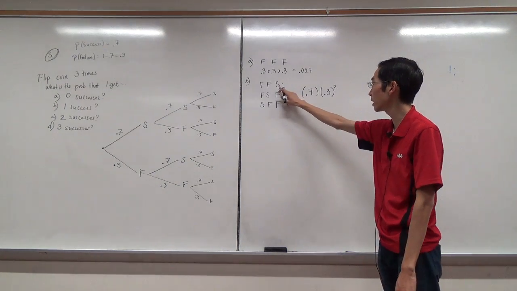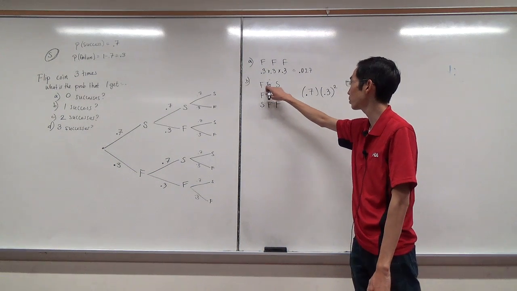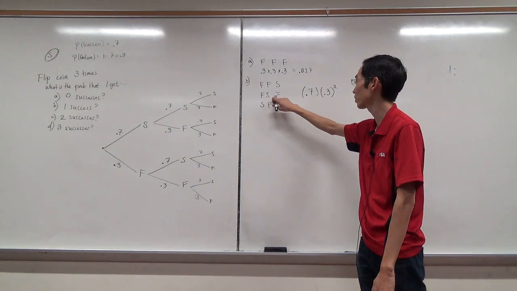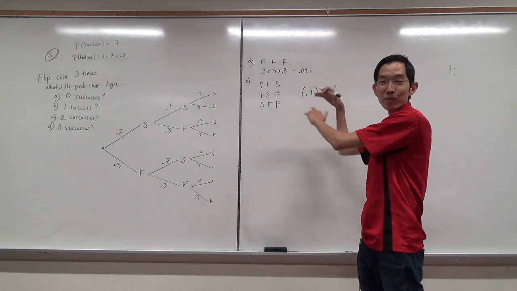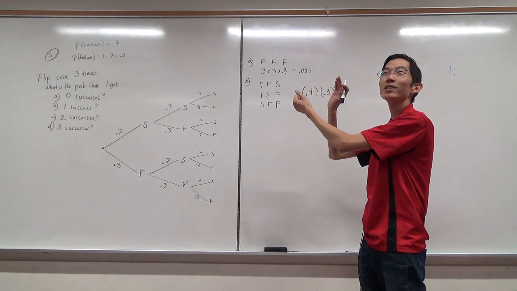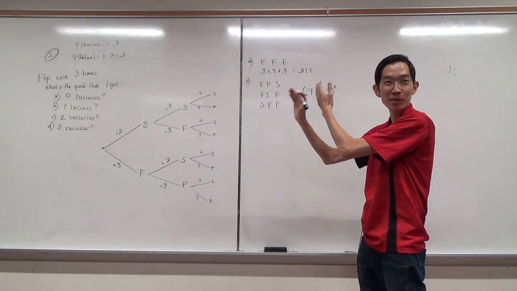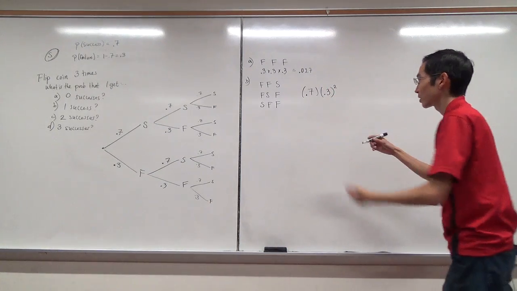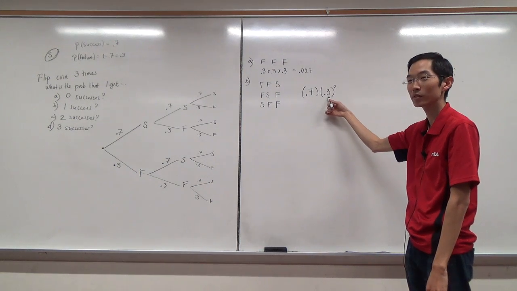Each line is basically 0.3, 0.3, 0.7, then 0.3, 0.7, 0.3, and then 0.7, 0.3, 0.3, okay? But because multiplication is, what is it, cumulative? No, commutative, you can change the order and it doesn't matter. So I'm just going to say each one has one 0.7 and two 0.3s.